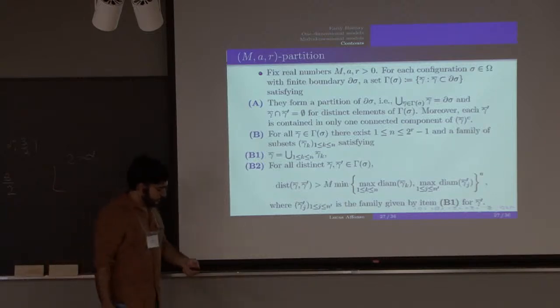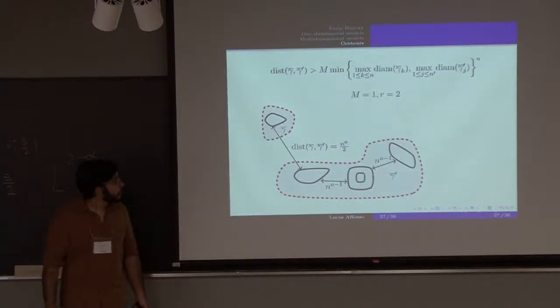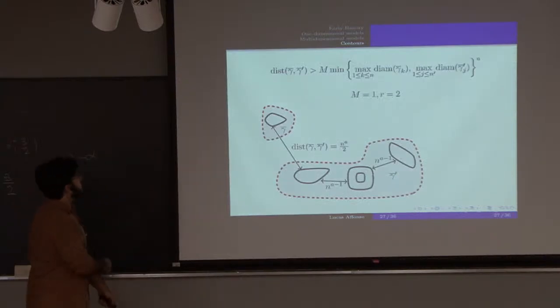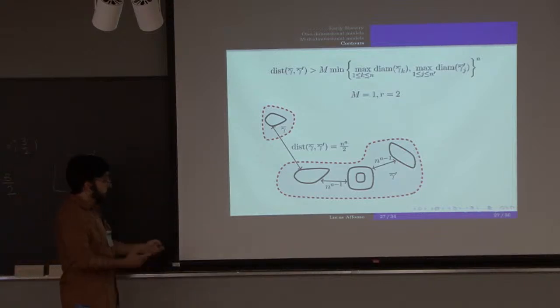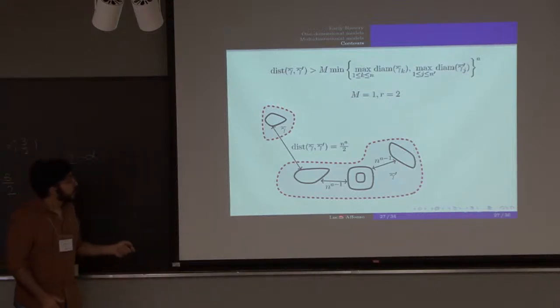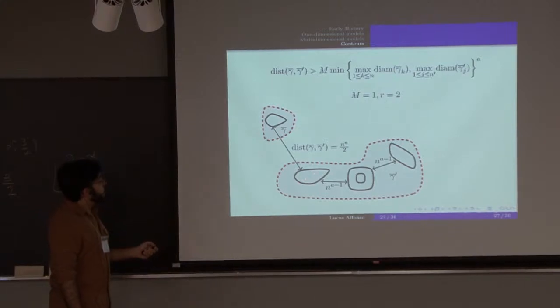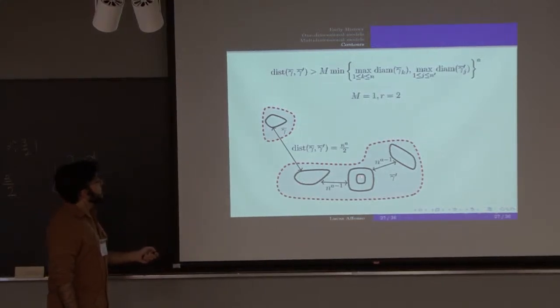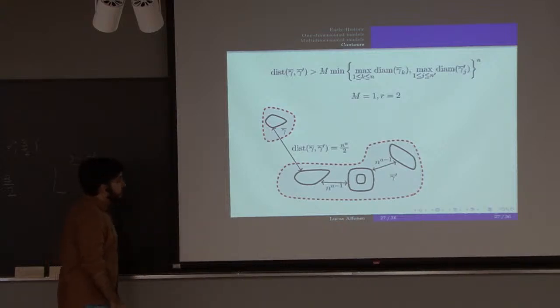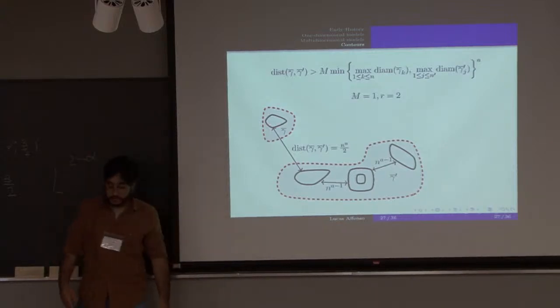Again, what does this mean? Let me try to give you an example of something that does not satisfy condition B. Let's say that each one of these components here has a diameter n, and this one has a diameter, let's say, 10 times n.